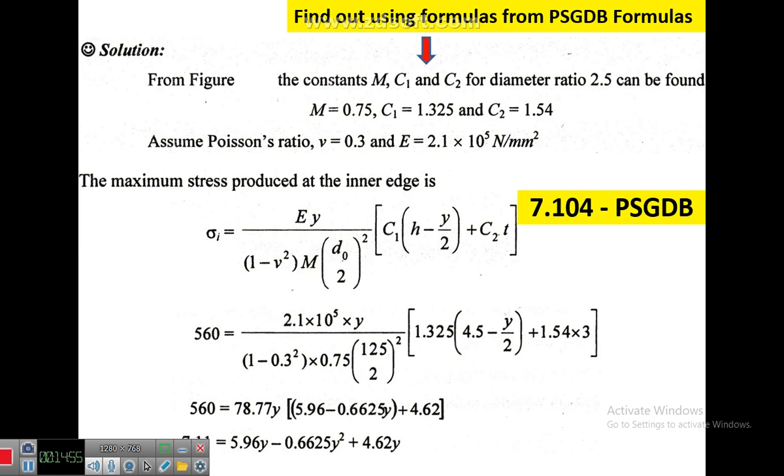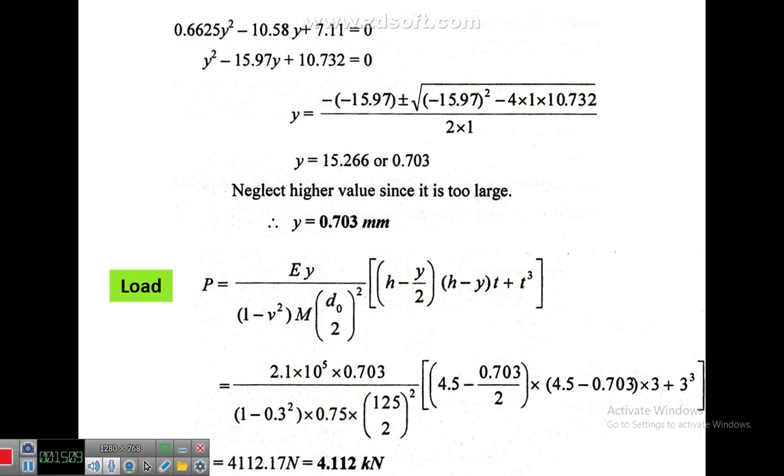These formulas are available on page number 7.104. So the first one is the maximum stress produced at the inner edge. There is a formula for sigma I. Substitute all the values and solve using a quadratic equation, and you can get y equal to 0.703 mm.